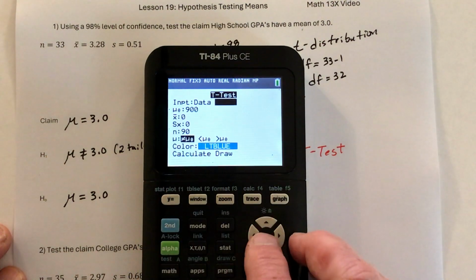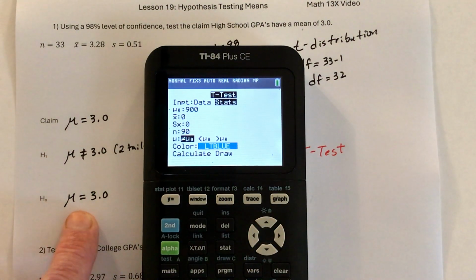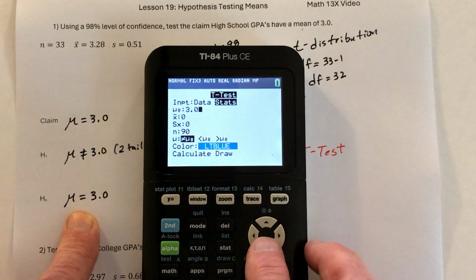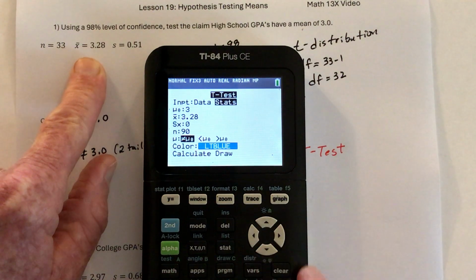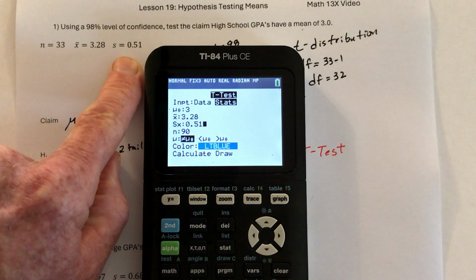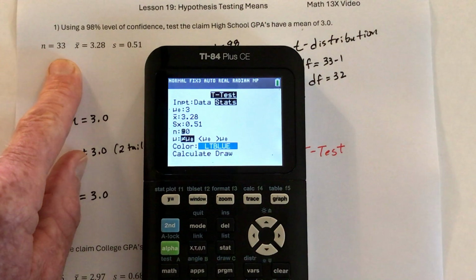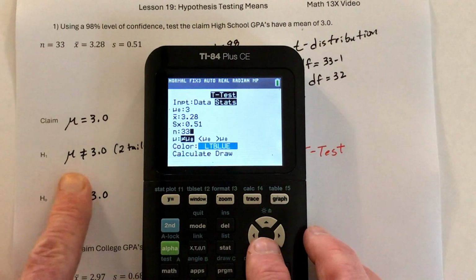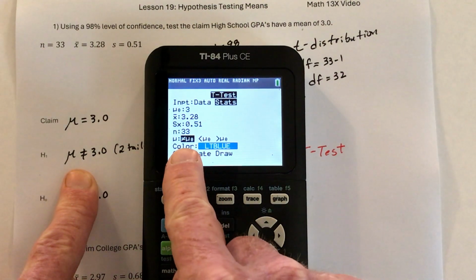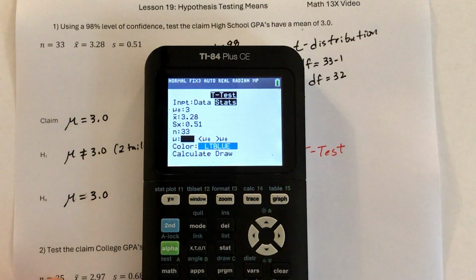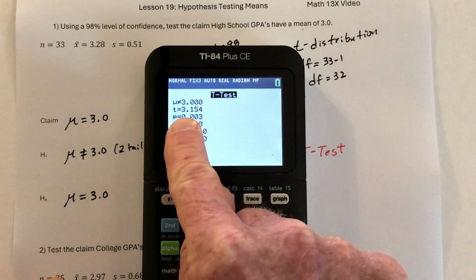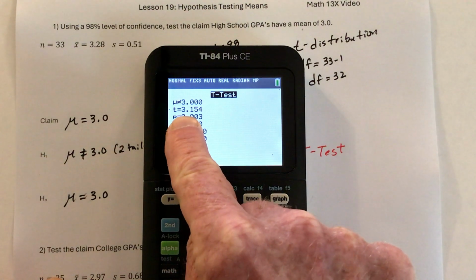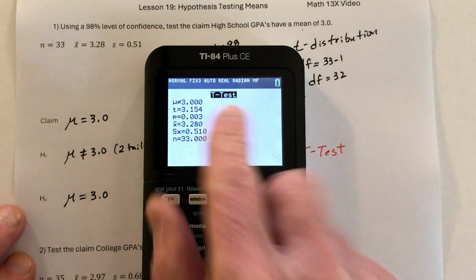This first thing is saying, if you look at H sub O, what number is that? 3.0. Then the X bar, 3.28, the S 0.51, and the sample size 33. Because this has not equals, this should have not equals. So that is set. Then skip down to calculate, and we just need this number right here, that t equals 3.154.